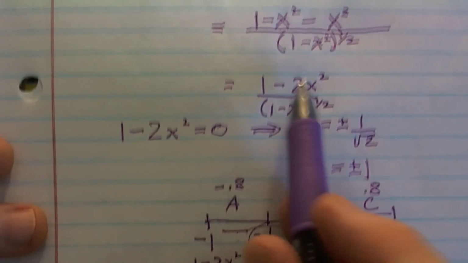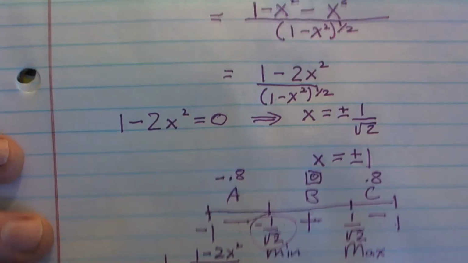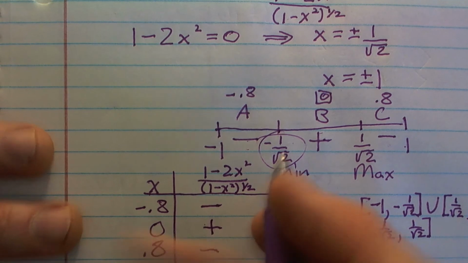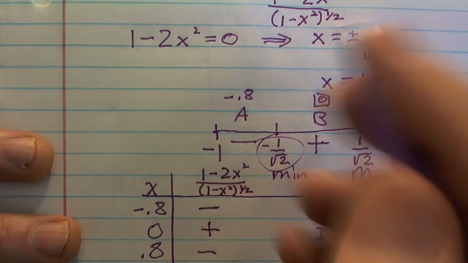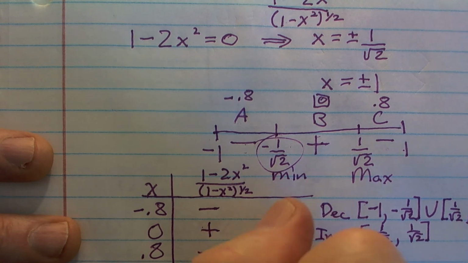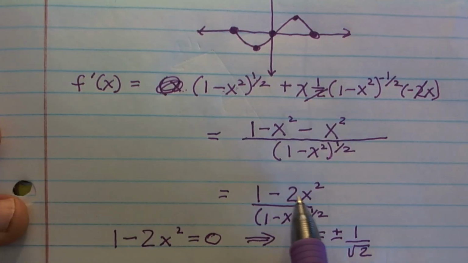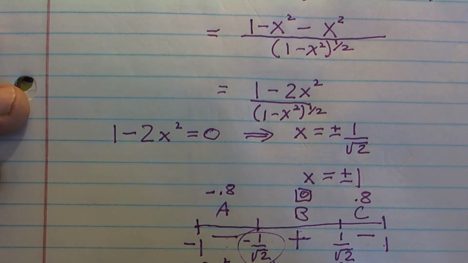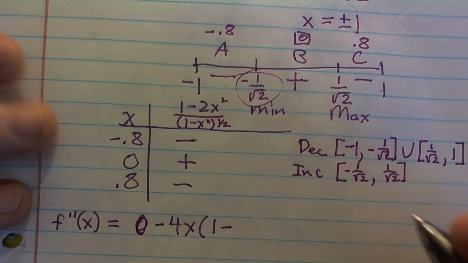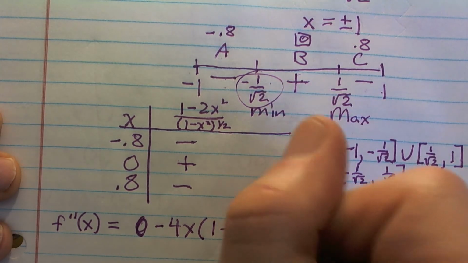So I'm going to take my first derivative and differentiate it. Here I go. The derivative of the top is going to be negative 4x. That's the derivative of the top, negative 4x, times the bottom. Better make it where you can see it.